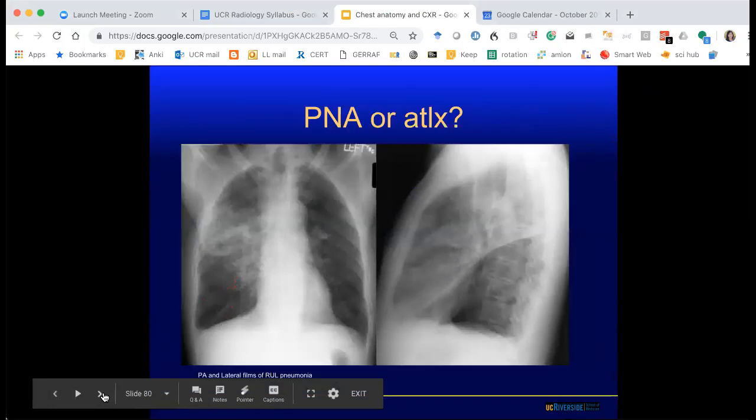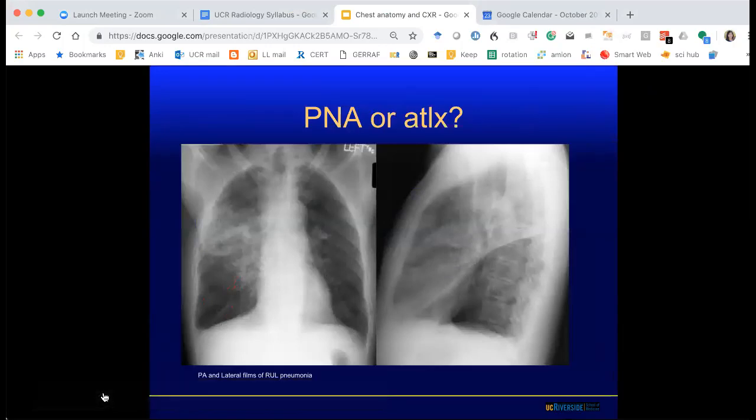And hopefully the patient will have signs of infection. What about here? Pneumonia or atelectasis? Atelectasis. Why do you think it's atelectasis? Volume loss?